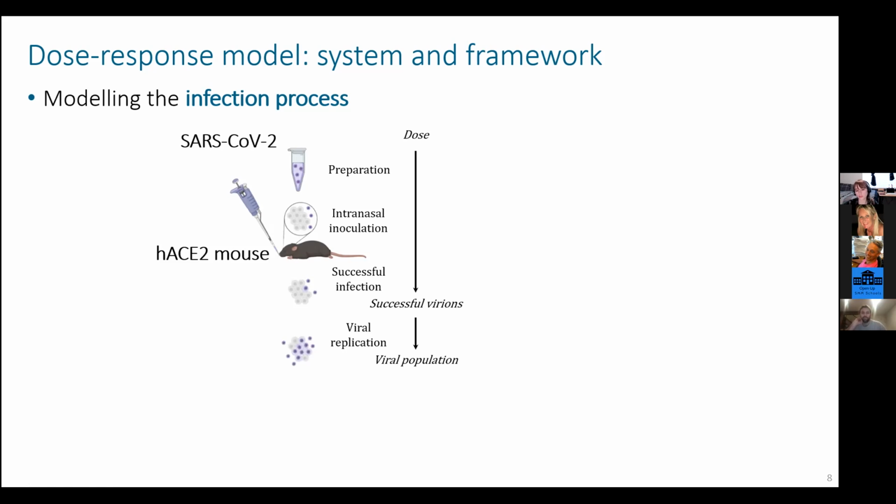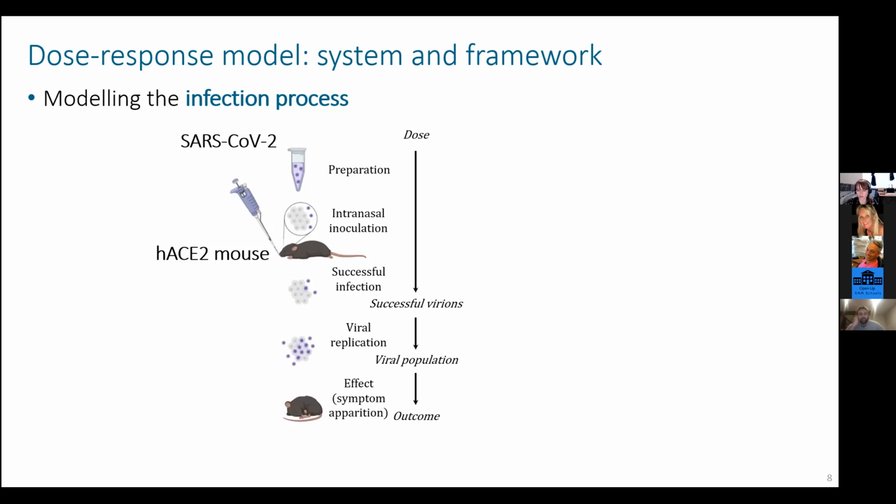These successful variants can then initiate viral replication, which will lead to the growth of a viral population, where we have entry with replication, and also a degradation rate coming from immunity and natural degradation of the variants. And the outcome of this is what we observe in the host.